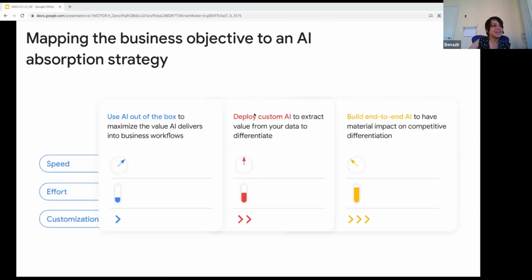The second is AutoML type of products, where you don't want to use an API or a pre-trained model that somebody else has trained. You want to create your own model, but you don't want to do the hands-on, actual coding. In the world right now, there are a lot of business users, or non-tech users, who want to make use of ML.